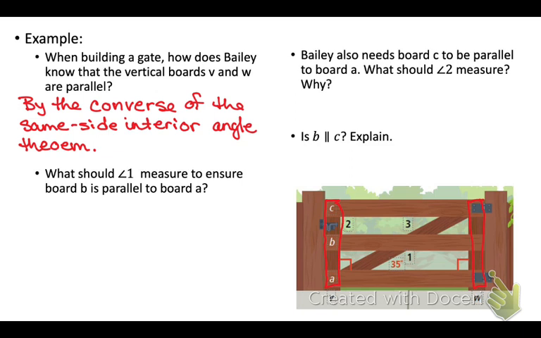Bailey also needs board C to be parallel to board A. So what should the measure of angle 2 be?